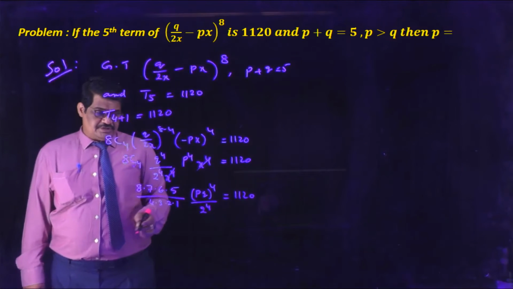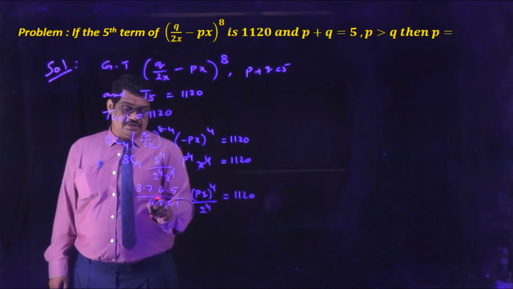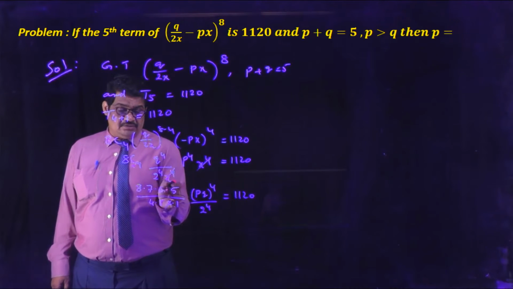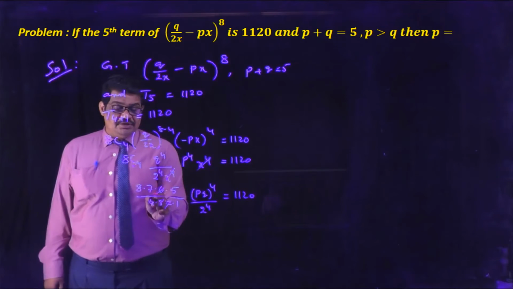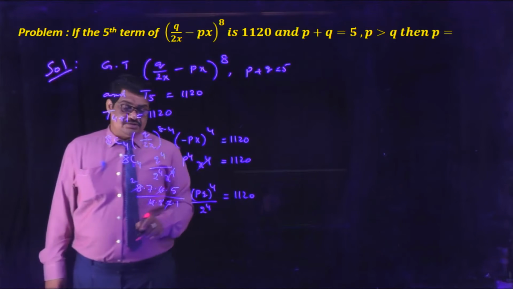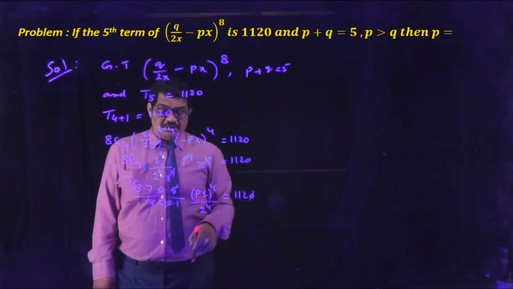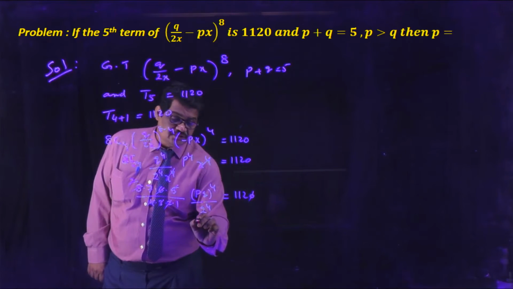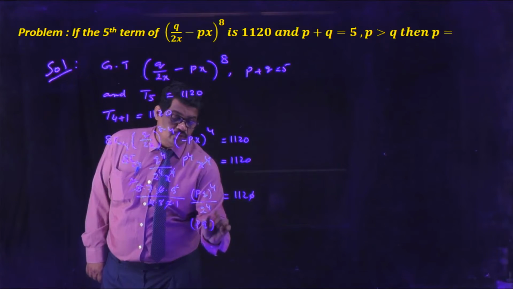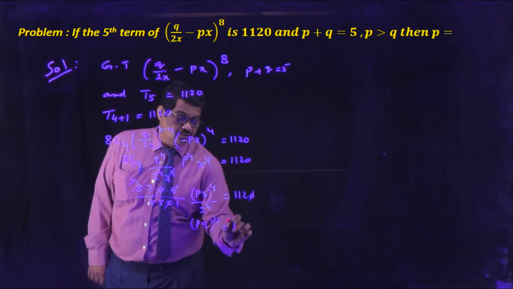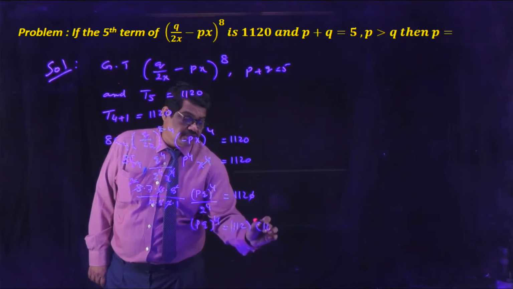Here 2 threes are 6, 6 will be cancelled. Here 4 twos are 8, that is 2 into 5, that is 10, this 0 will be cancelled. So here (pq) to the power of 4 is equal to 112 into 2 to the power of 4, that is 16.